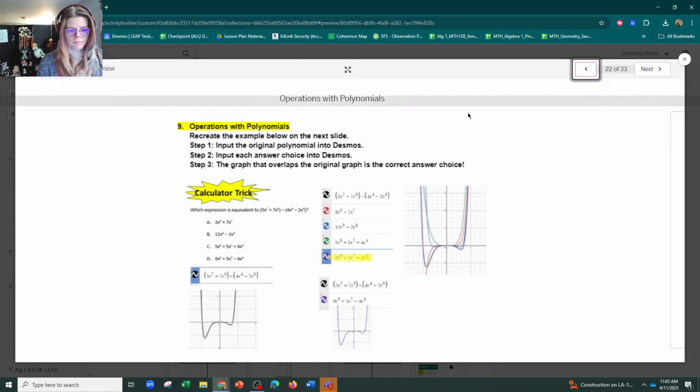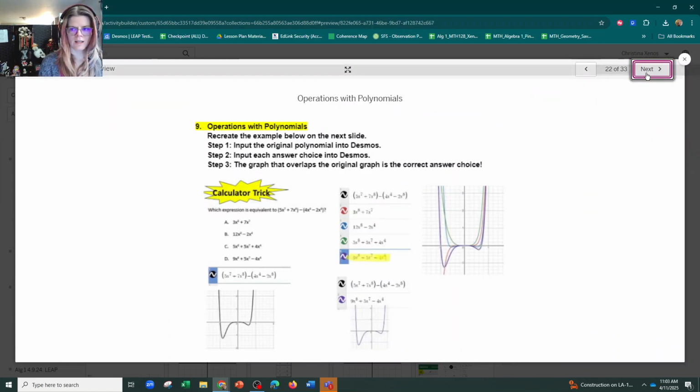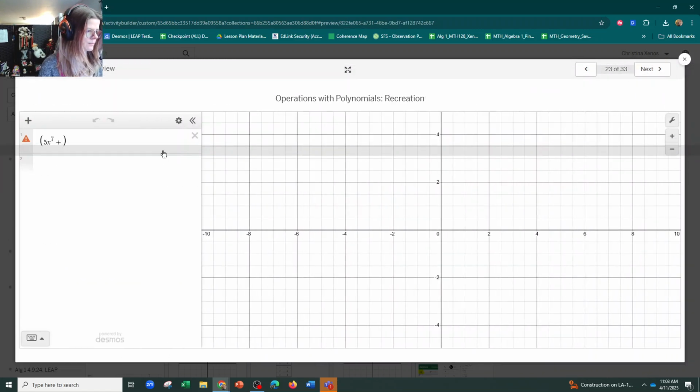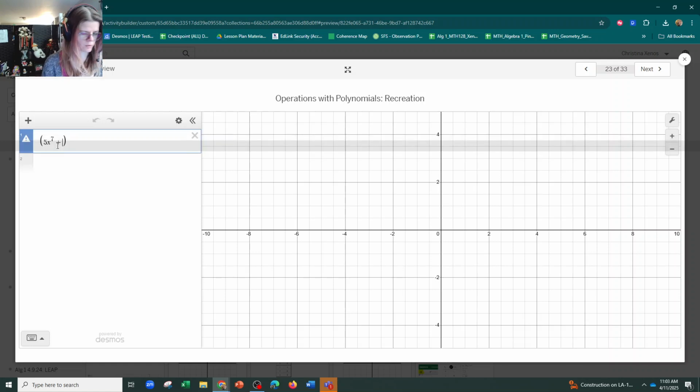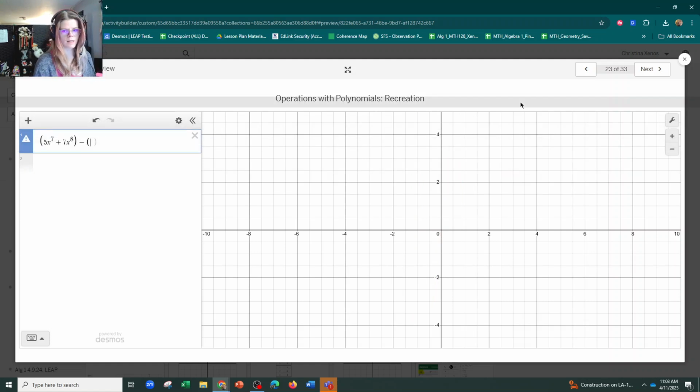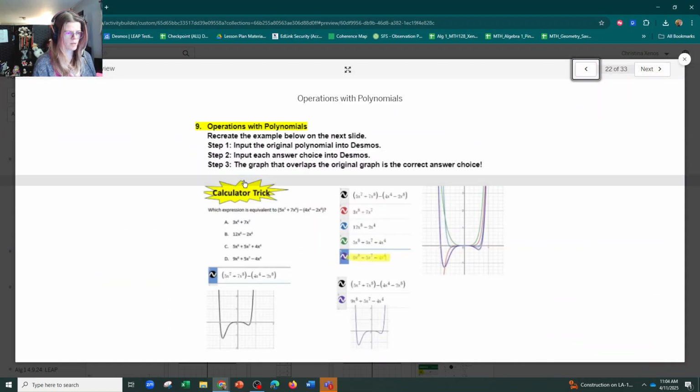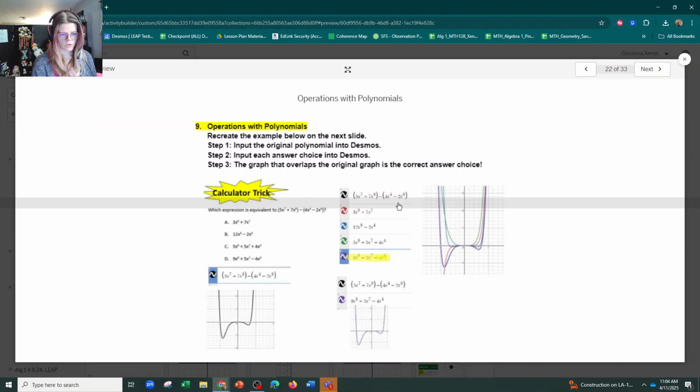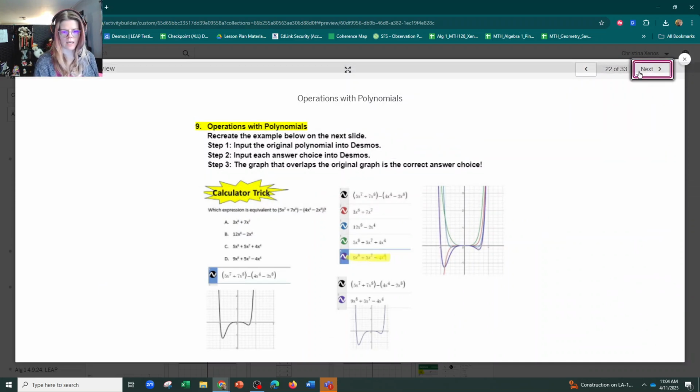Plus 7x to the 8th power. I'm going to enter the whole thing in there. And then it's a subtraction problem, followed by another parentheses, another polynomial: 4x to the 4th minus 2x to the 8th.